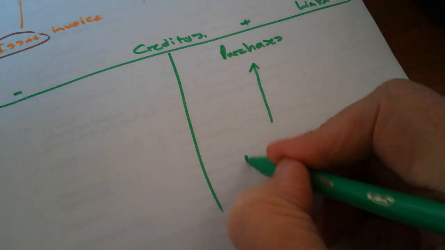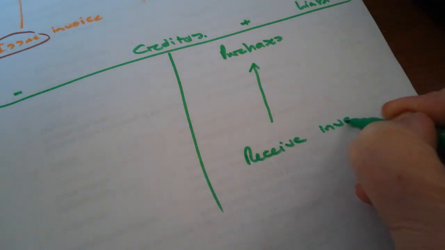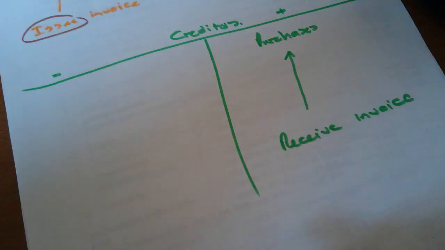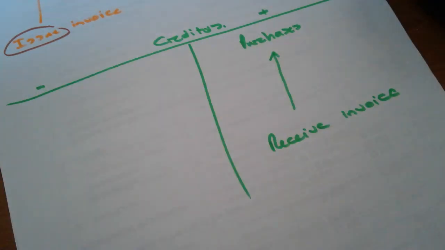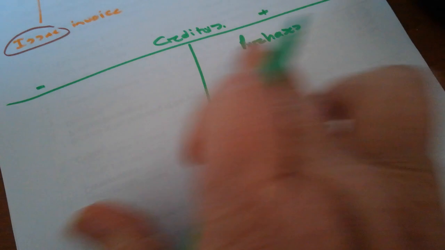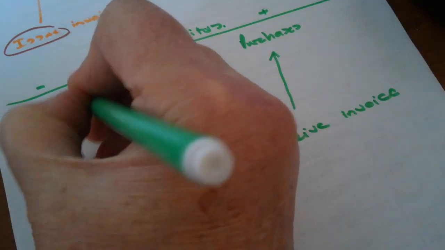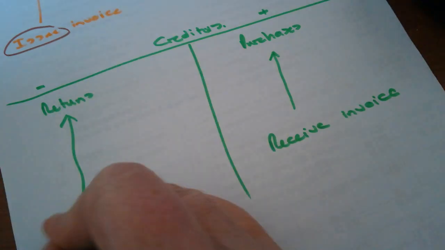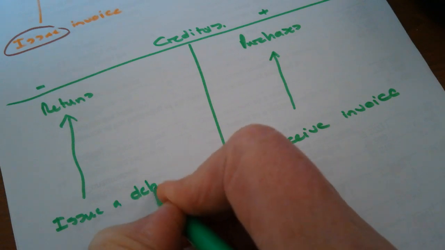So we receive an invoice. If we're not satisfied with goods, we want to return it to them. So we want to show that we want to debit the account of the creditors to reduce the debt. So for returns, with the box of things that we send back, we will issue a debit note.